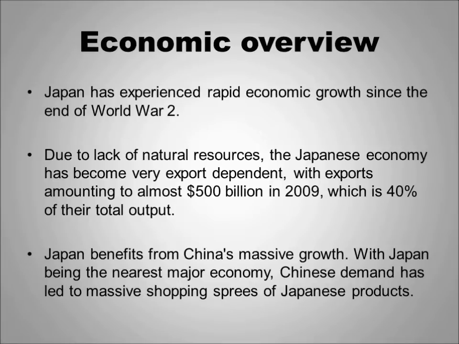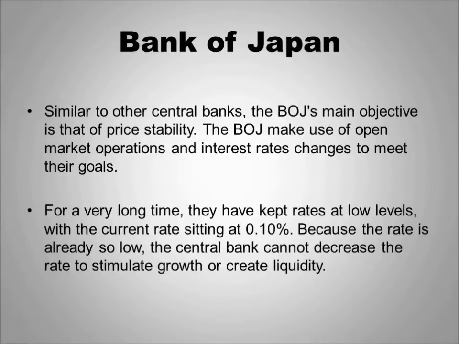Now, in order for those stores to have Japanese products in their shopping malls, they need to convert their local currency into Japanese yen in order to get those Japanese products. So again, we're talking about China, the world's largest population, second world's largest economy. So as we can see, the demand for the Japanese yen is extremely high.